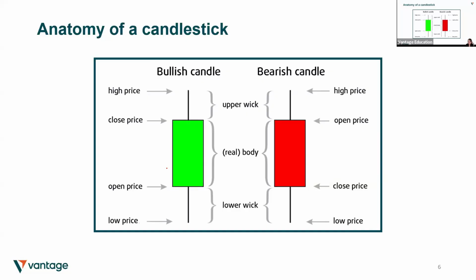Whenever you see a long wick and the body closing somewhere around here, we already know that the seller controls the market because they pushed the price all the way down. Whenever you see the body close less than 50%, then you know that either the buyer or the seller already controls the market. You don't necessarily need to remember all the names.